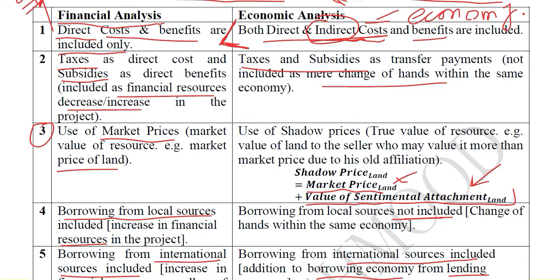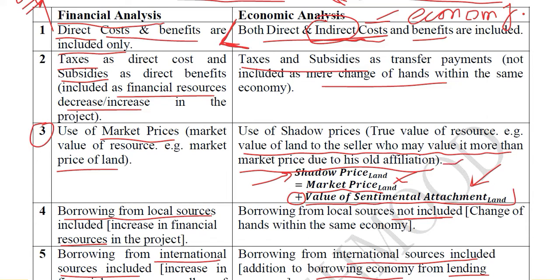And if we add it in the market price, then it is a better representative of the value that an individual places on the piece of land that he has been using or living on. So the value of land to the seller, who may value it more than the market price due to his old affiliation.